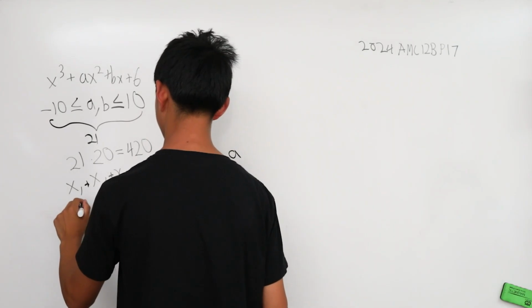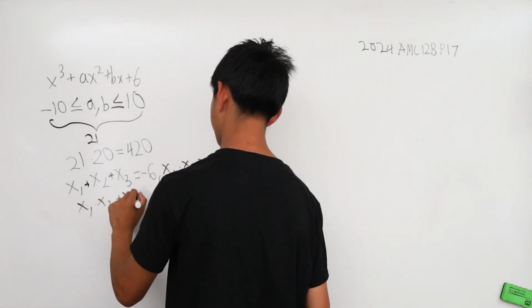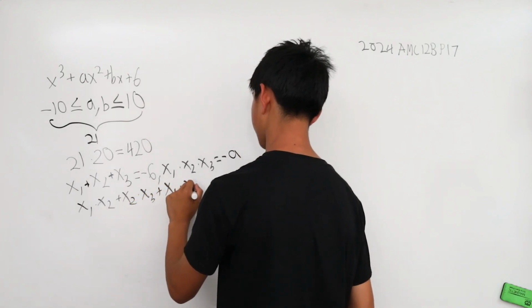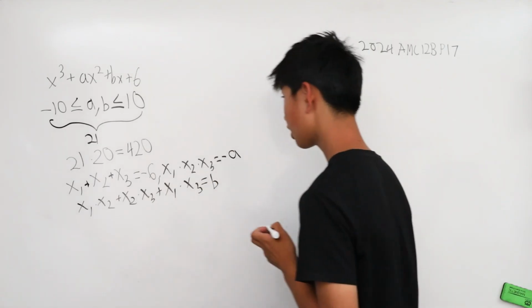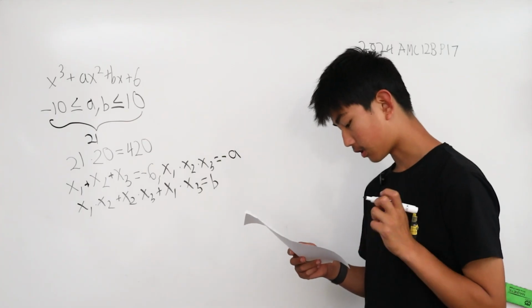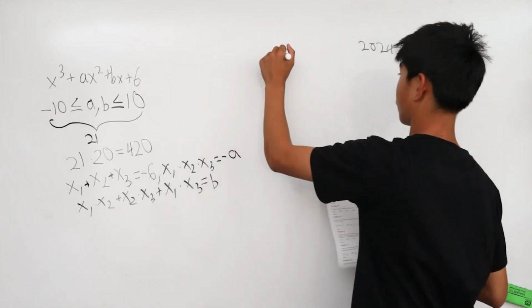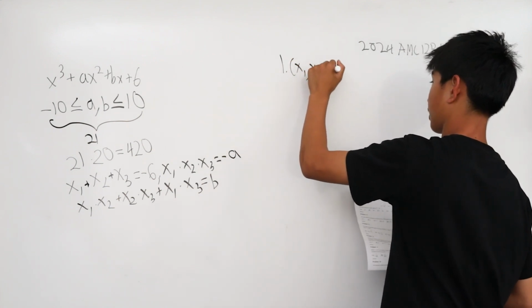Then x1 times x2 plus x2 times x3 plus x1 times x3 is equal to b. Then we can consider the possible roots or values for a and b, with roots x1, x2, x3.